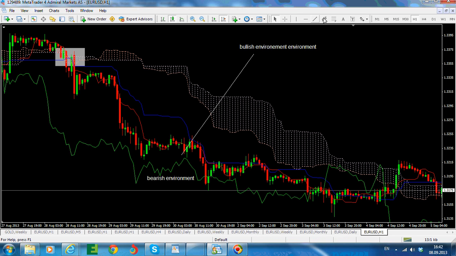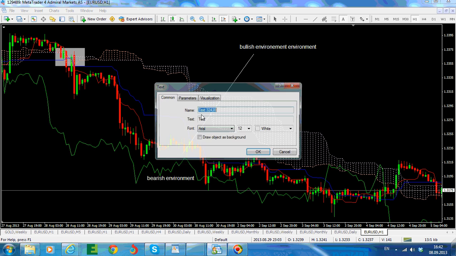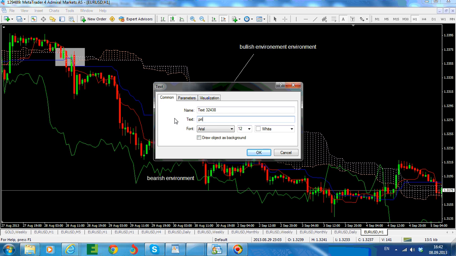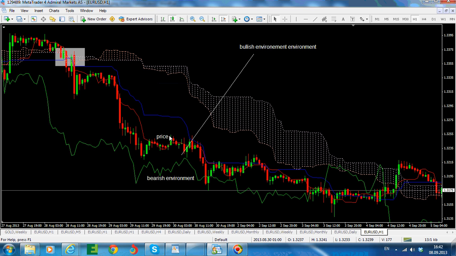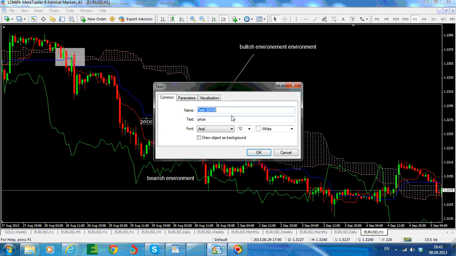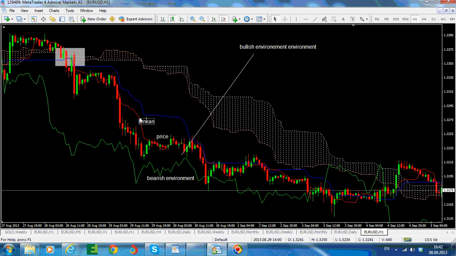Let's write here that this is the price. Then the very next one, of course, is the Tenkan line, the red line. Then the Kijun line.